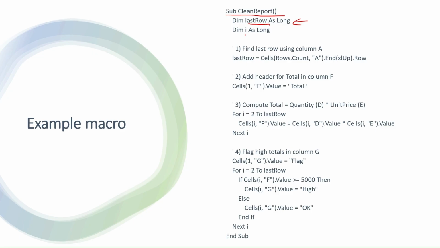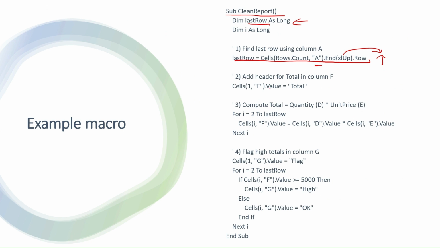That's the idea. And then you have lastRow = Cells(Rows.Count, "A").End(xlUp).Row, which I've been mentioning a little bit earlier. This goes to the bottom of column A and moves upward through the End(xlUp) to find the last filled row. Last filled row means the last non-empty row.